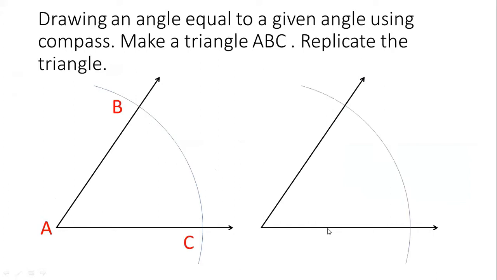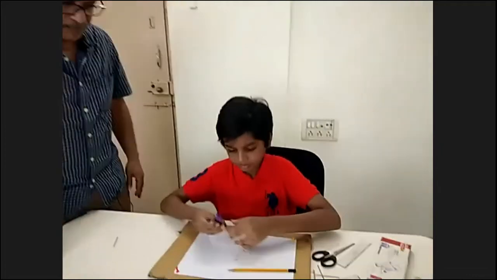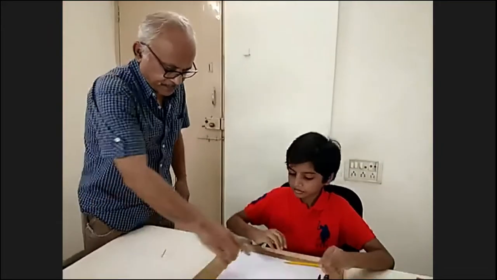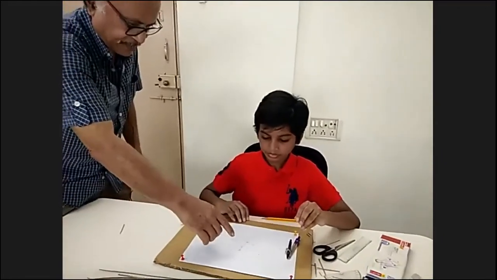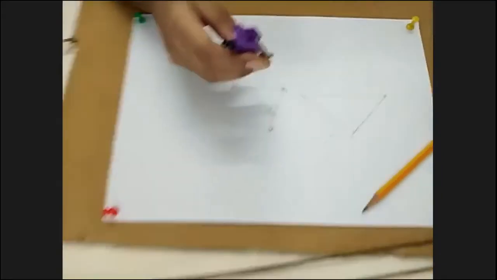So now this is the angle. Can we have the camera here? So what we have done, we want to make an angle equal to this angle. What is the first thing that you did? You took the compass.